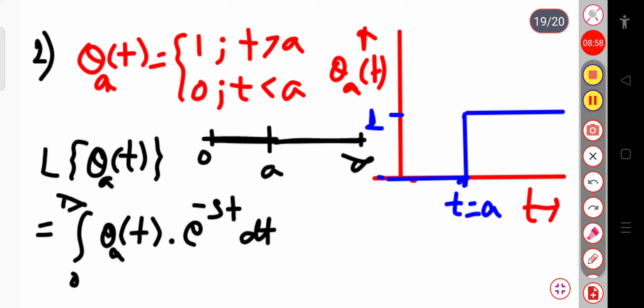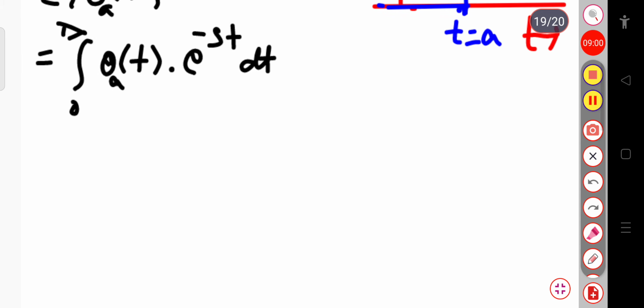Now I can write this value as integration over 0 to a theta a of t exponential minus st dt plus integration over a to infinite theta a of t into exponential minus st dt.